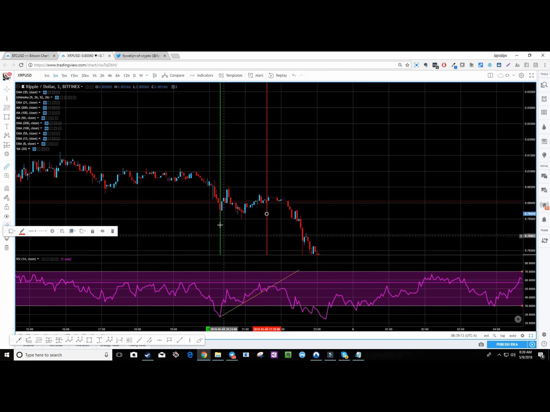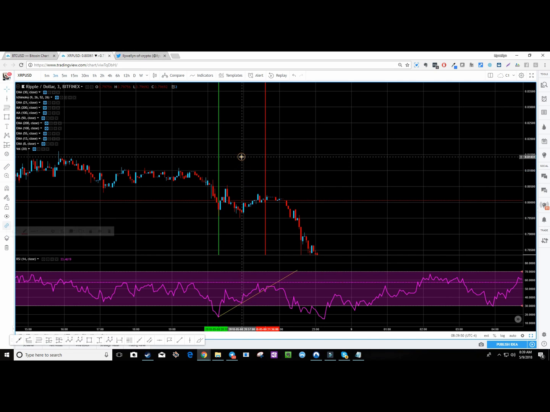If I had played it the way I was supposed to, maybe I would have gotten a little bit of a gain, but I probably would have taken a little bit of a loss after fees and everything, because I didn't quite get in at the bottom, and by the time it broke across this trend line, it would have been a really small loss.